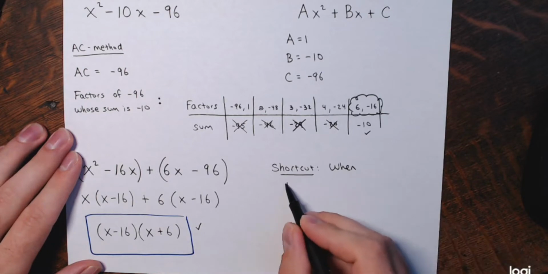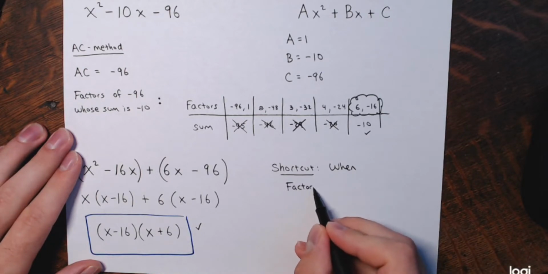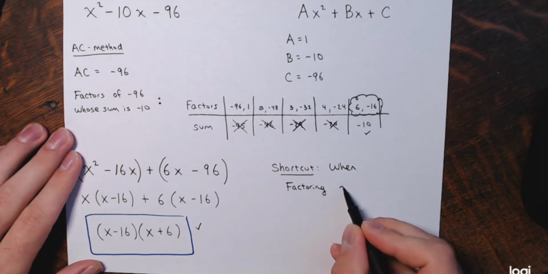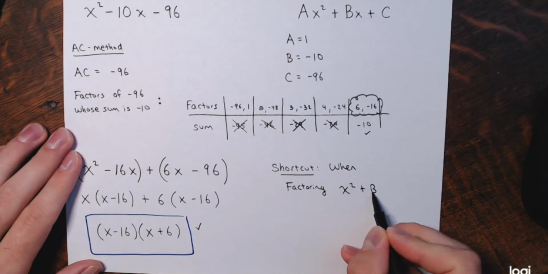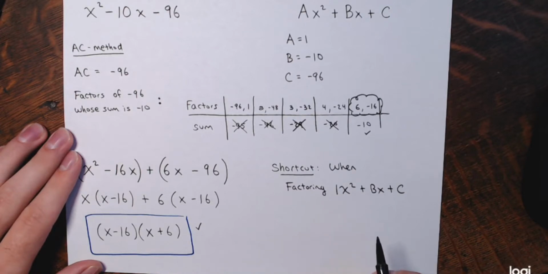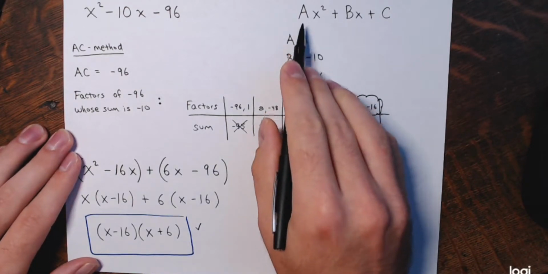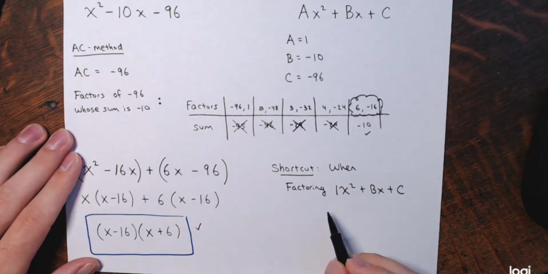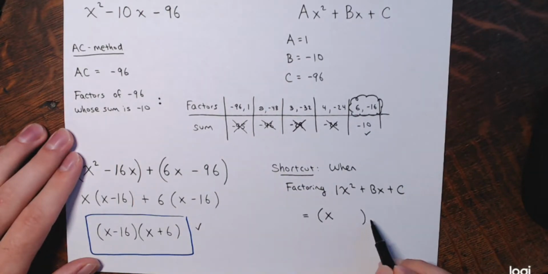When factoring x squared plus bx plus c, you can see the lead coefficient is 1, right? 1x squared. Like we had here, a was 1. The factors will be this. It'll just be x in one of the factors, x in the other factor, like I have here.